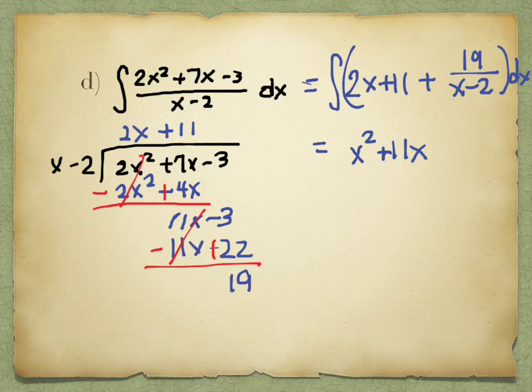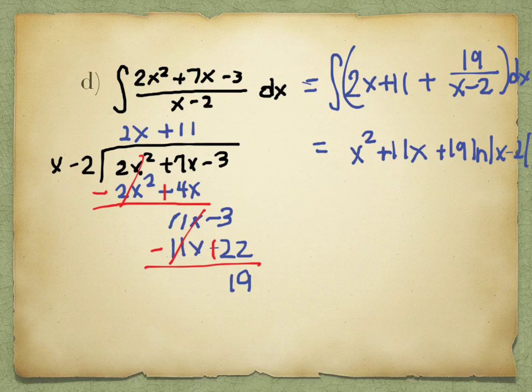The antiderivative. Okay, but what is the antiderivative there? I'll start for you. 19 doesn't change. There you go. Natural log, because I've got a value of the x in the denominator, and that's natural log, and it's absolute value, right, Taylor? Yeah. I have x minus 2.